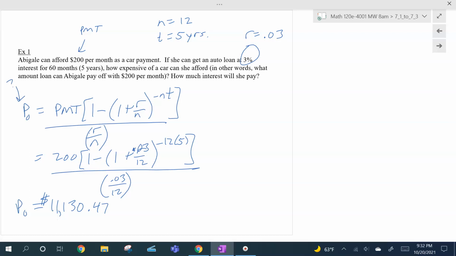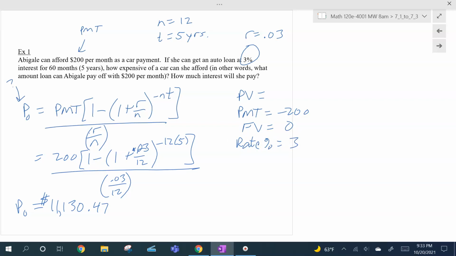Okay. Now, if we do that with the time value money calculator, we say, well, I can pay 200. The loan will be paid off at the end, so the future value of the loan will be 0. The rate as a percent here is 3%.